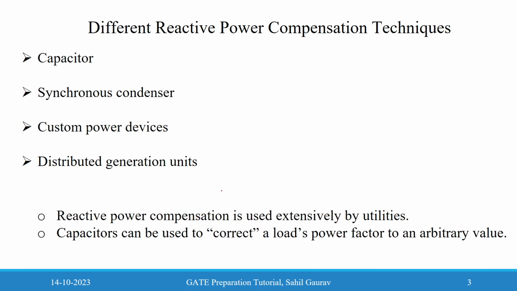Now there are different ways of reactive power compensation. Like you can use shunt capacitor, synchronous condenser, that is an overexcited synchronous motor, custom power devices. In this, you know about DSTATCOM, DVR, UPQC, and distributed generation units. The most common term is DG units.